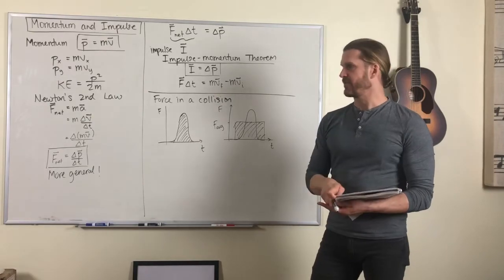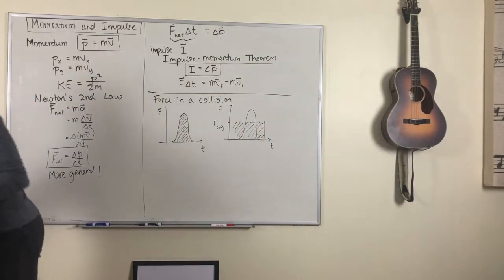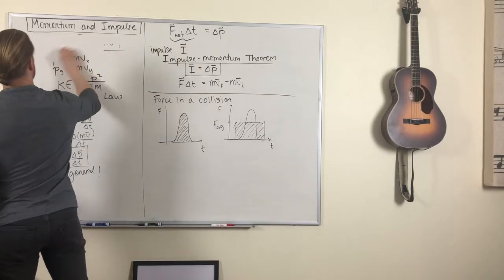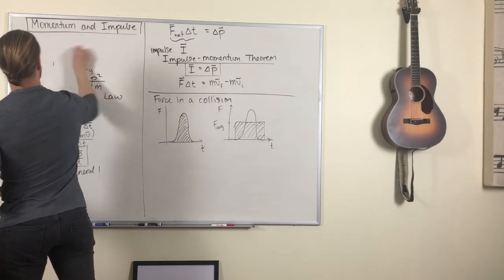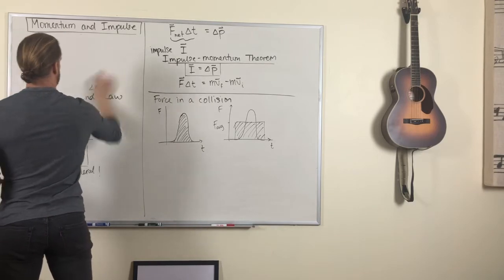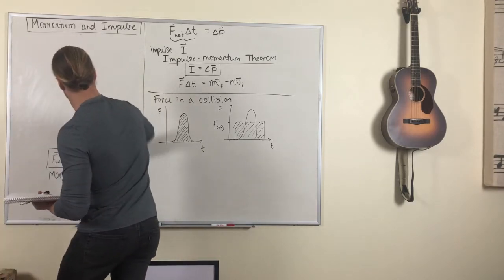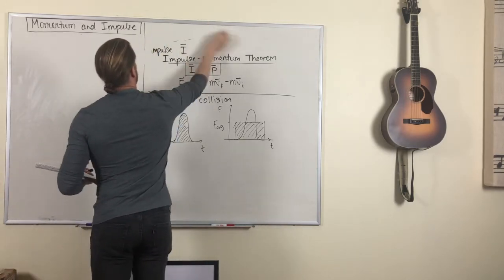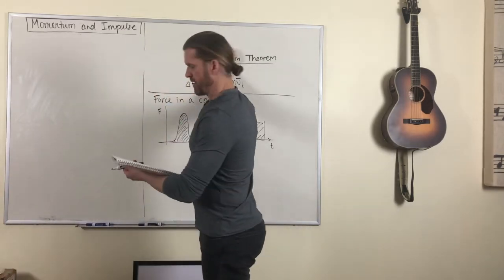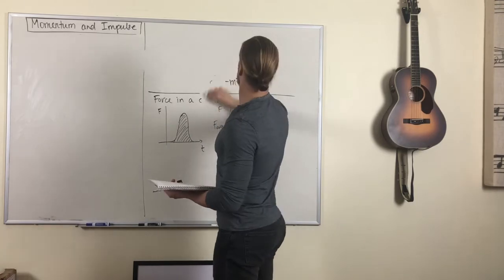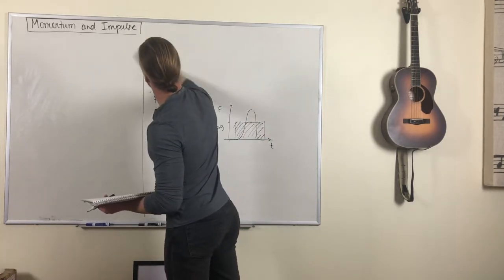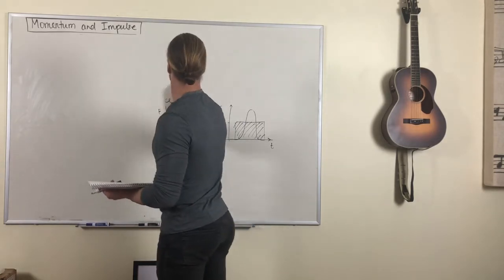Okay, let's do some examples. I've got two examples from the section of the chapter. First example, 6.1, involves hitting a golf ball with a golf club.